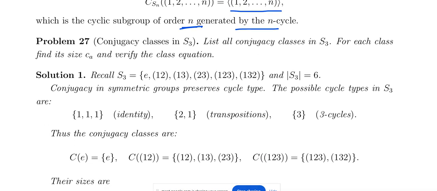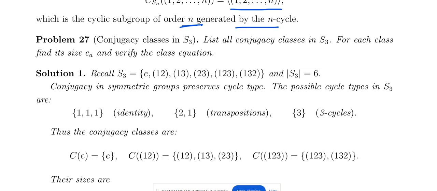Now conjugacy classes in S3, I think we have already seen this. List all conjugacy classes in S3, for each class find the size, and verify the class equation. This S3 is well known to us, and the number of elements in S3 is 6. Conjugacy in the symmetric group preserves cycle type.